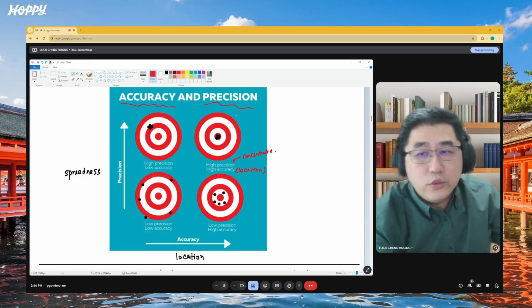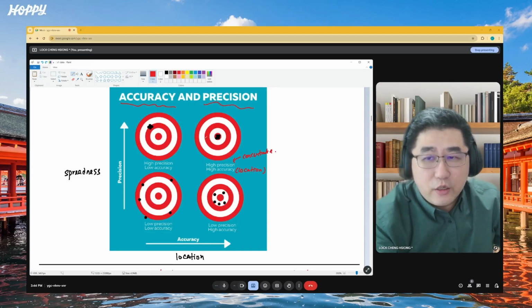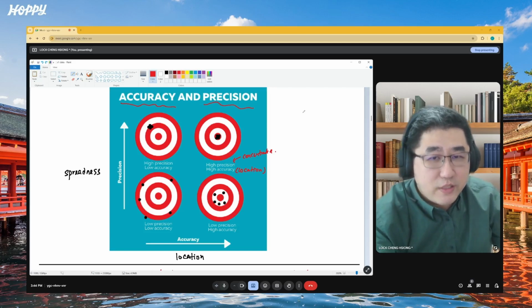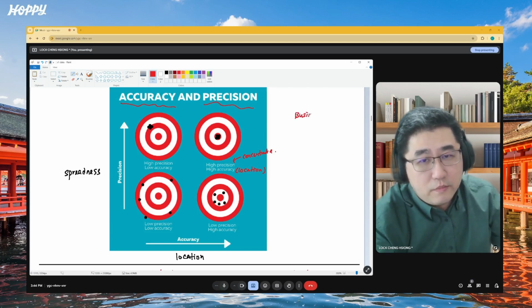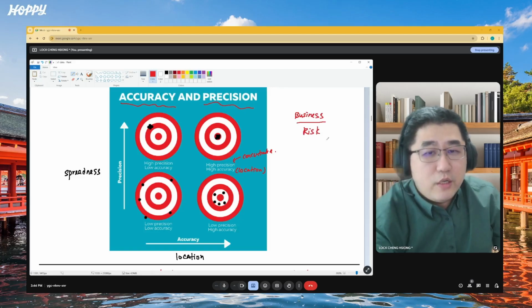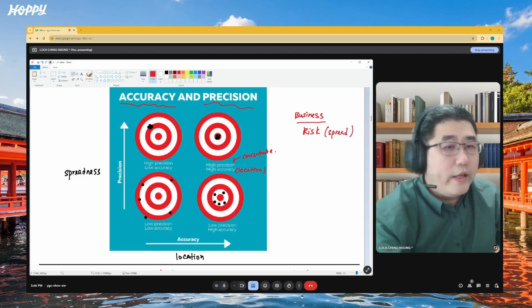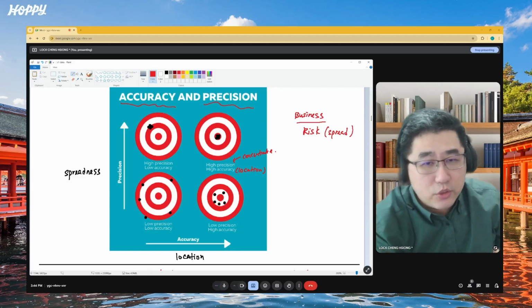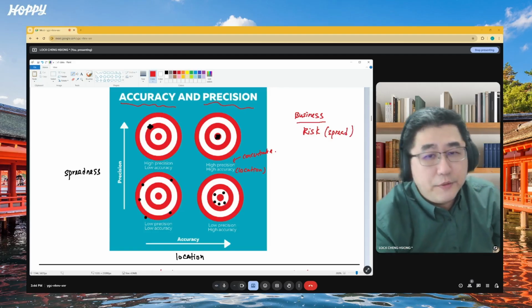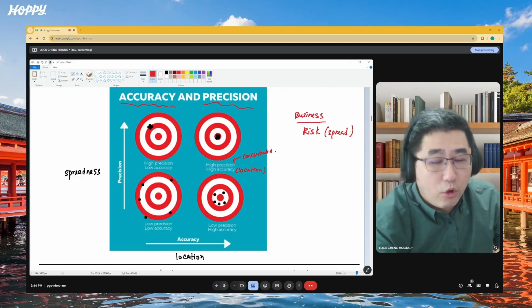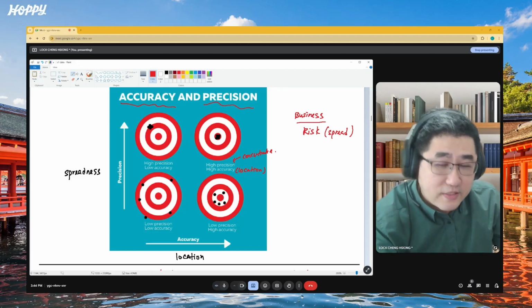We can also use the words precision and accuracy in business. When we talk about risk, it means spreadness. The more widely spread, the higher the risk. The lower the spread, the more concentrated, the lesser the risk.